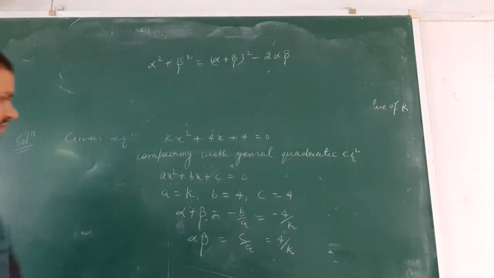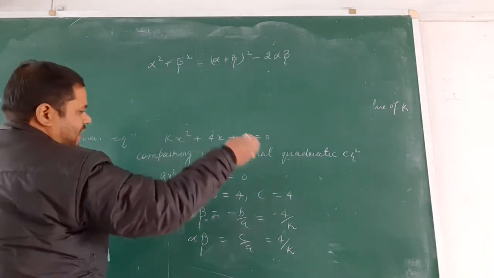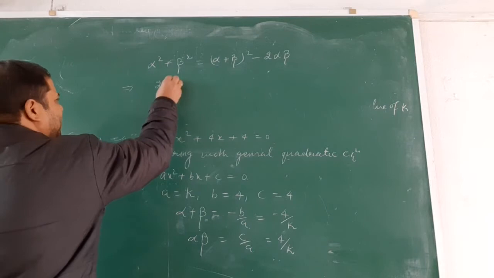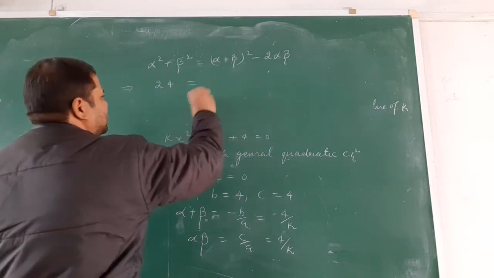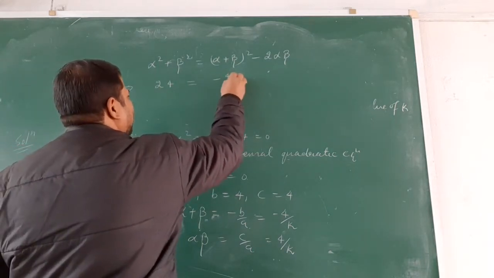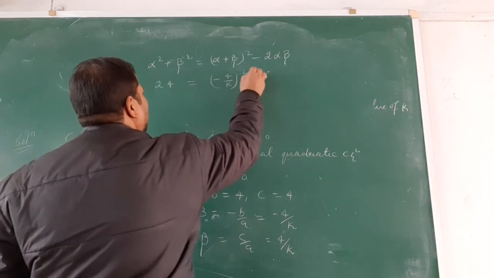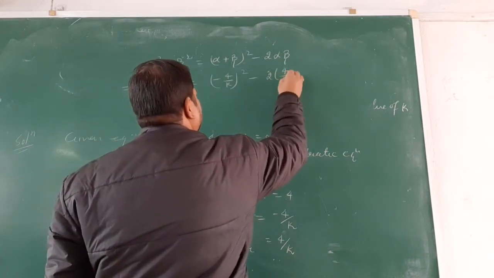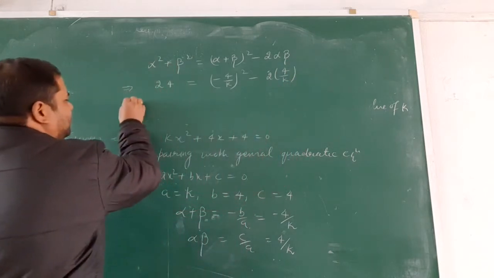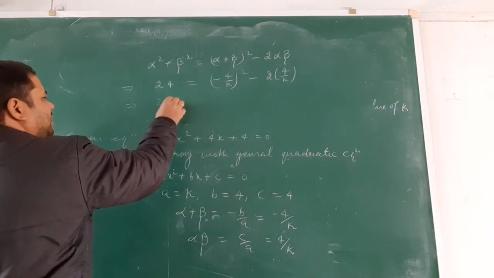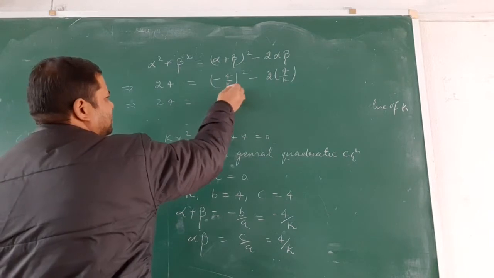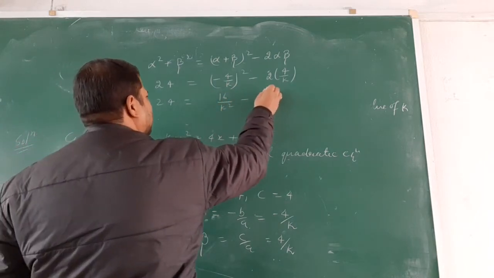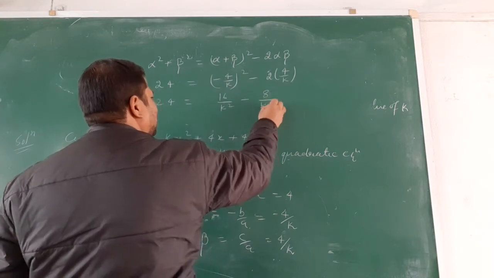Put the values of alpha plus beta and alpha square plus beta square. This is already given as 24, and this is nothing but minus 4 by k whole square minus 2 into 4 by k. So 24 is equal to 16 by k square minus 8 by k.